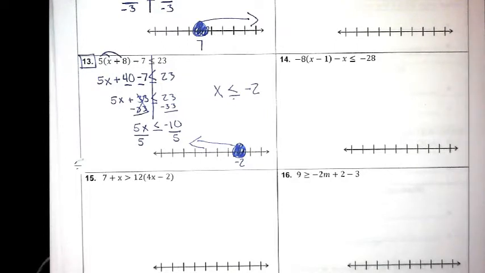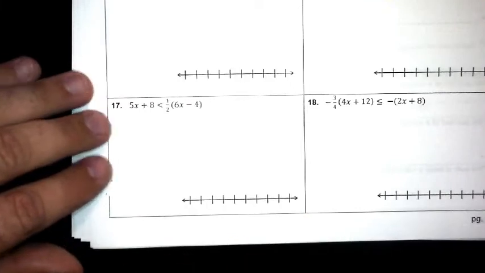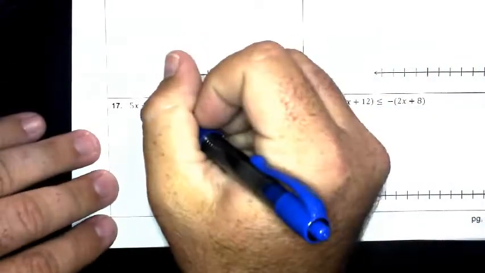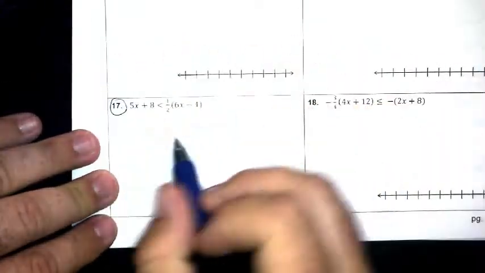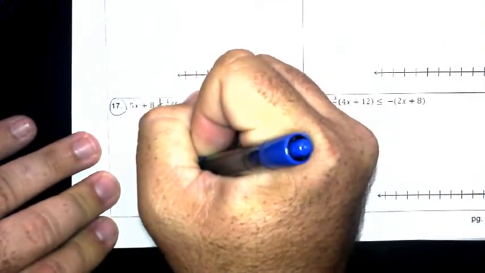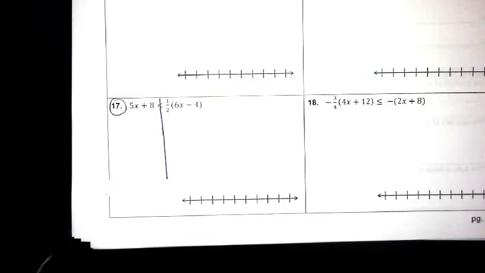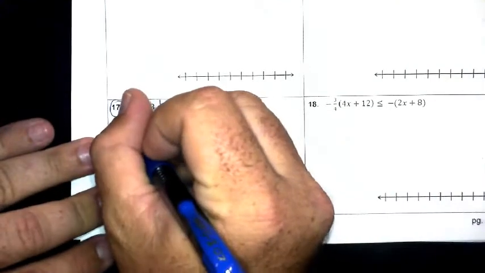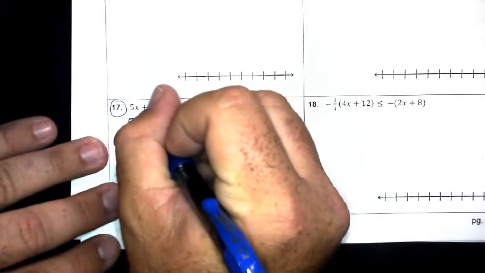All right, let's go ahead and do a fraction one just so you have the practice of a fraction one. Let's go down and do 17. I'll do an easy fraction, 1/2. The left-hand side has no distributing and no combining like terms, so I can just go ahead and rewrite it. This side, however, does have distributing, and I'm distributing a fraction. 1/2 times 6, very simple.